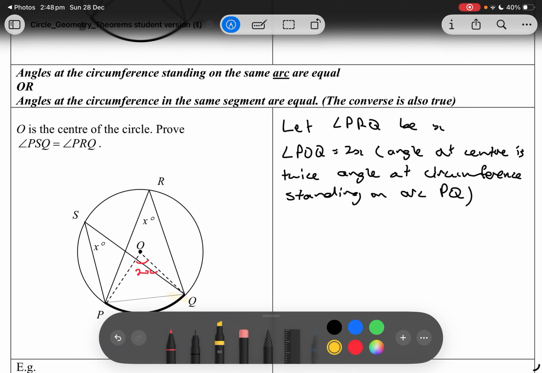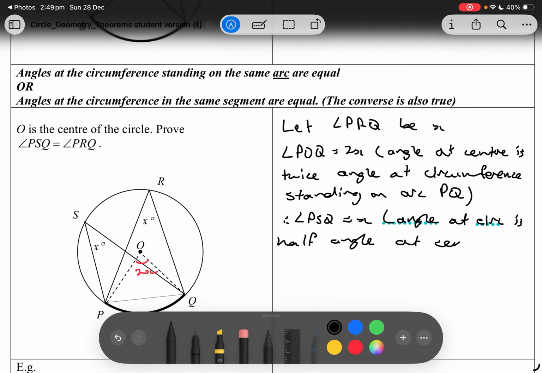Now, we can say that this guy then is going to be 2x, but notice that all of these are basically standing on that same arc PQ, right? So we can now make a relationship between angle POQ and PSQ. We can say that angle PSQ equals just x, because the angle at the circumference is half the angle at the center standing on arc PQ.